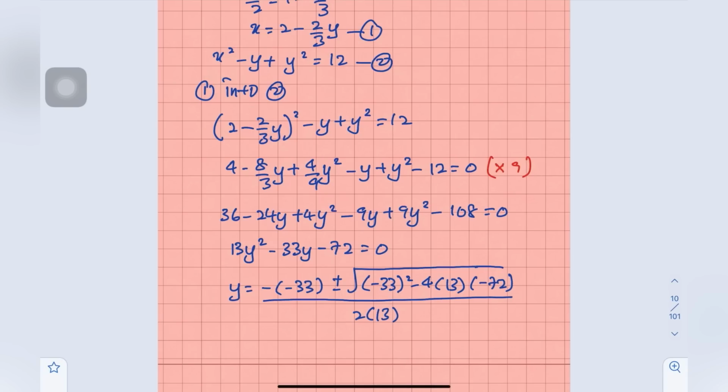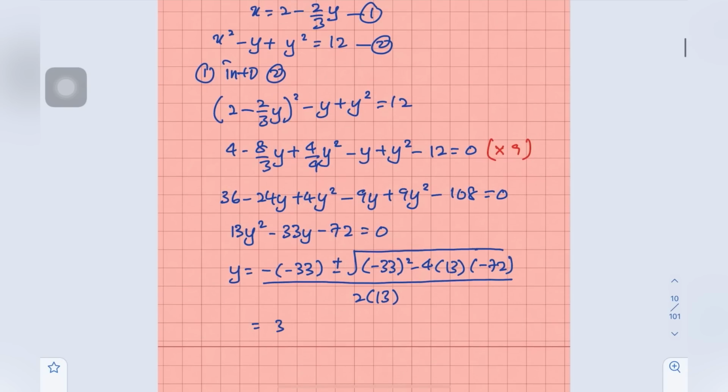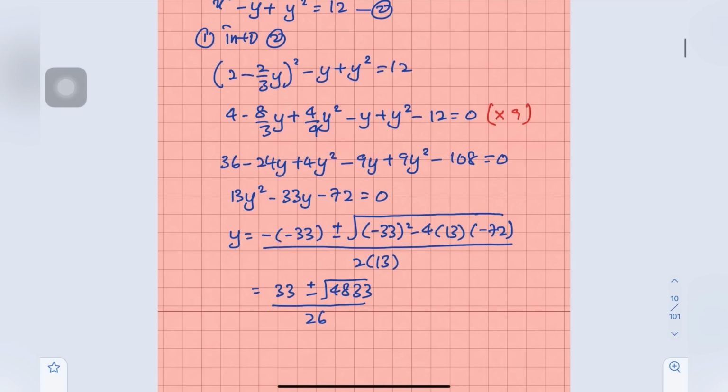So this becomes 33 plus minus square root of 4833 over 26. So we can get two values of y. In 3 significant figures, 3.94 and negative 1.40. The question asks for 3 significant figures.